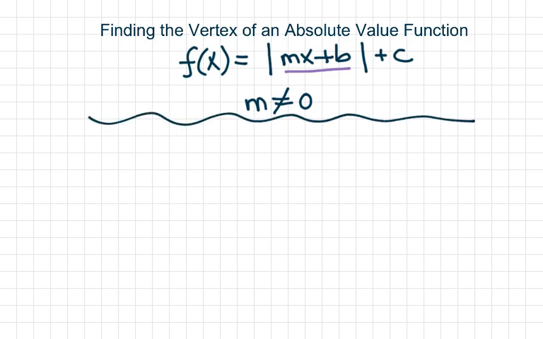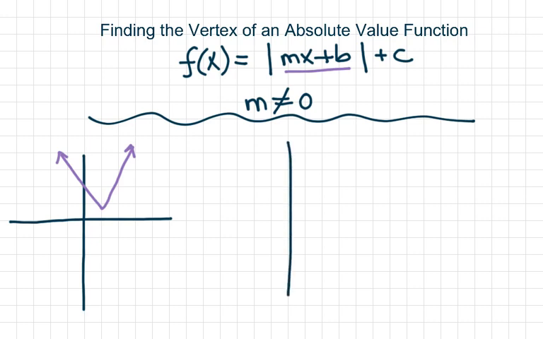So to find a vertex, first we need to know what a vertex is. So let's talk about that a little bit. If we have a graph here of an absolute value function, the vertex is defined as the minimum or maximum of that function. Let's draw a couple of absolute value functions. Let's draw one down here as well.